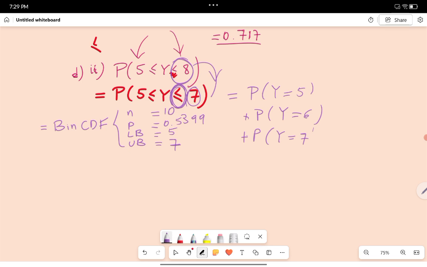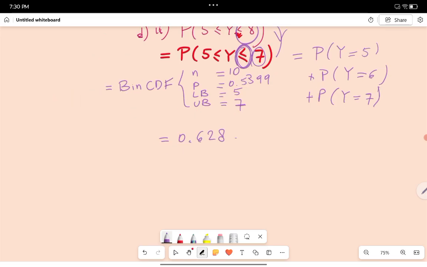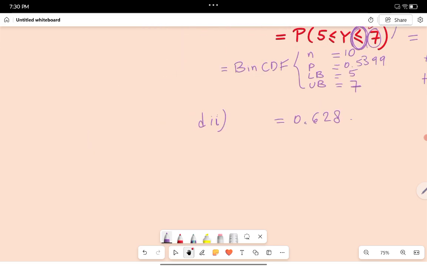That's what your calculator is going to do. And what comes out? The answer is 0.628. Okay, nice. So that's the D2. That was this. So we go to the last question.